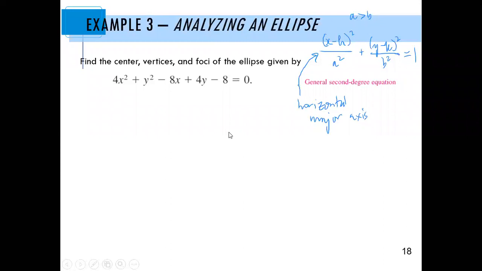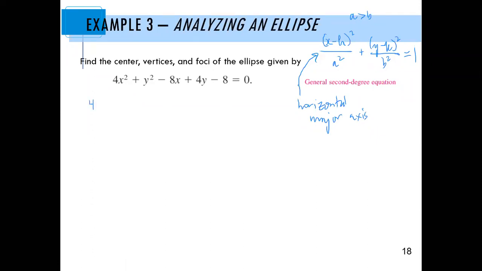Well, want to talk about this? Okay. So you had to complete the square, right? To kind of put it in the proper form. So what about this 4x squared minus 8x thing?